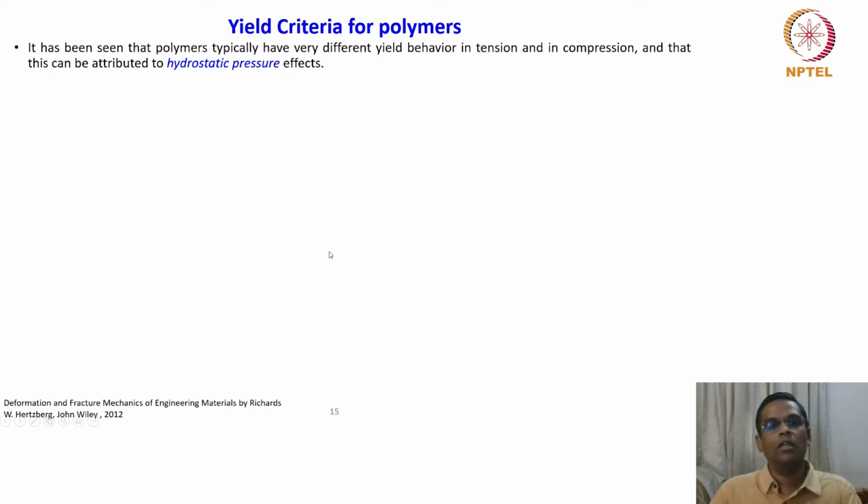Those yield criteria will not work for polymers, or semi-crystalline or amorphous materials. So we look at what change is required to predict the yield criteria for polymers.